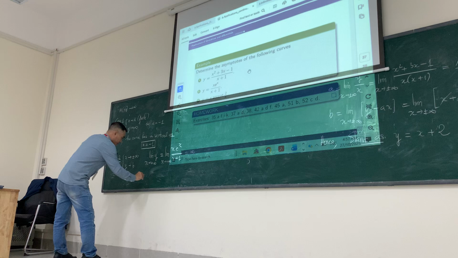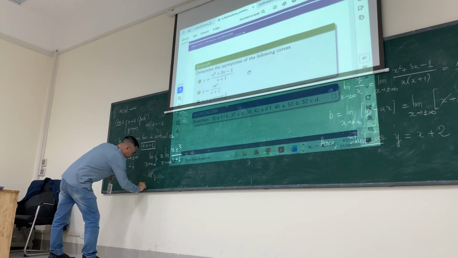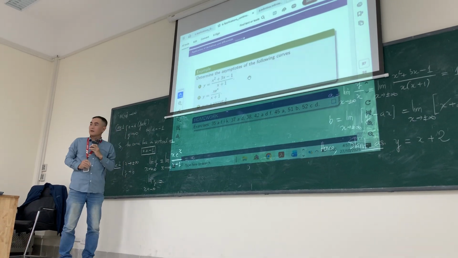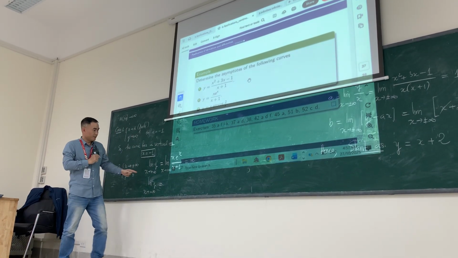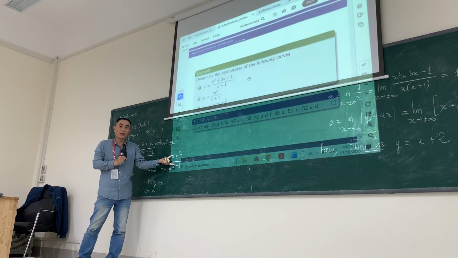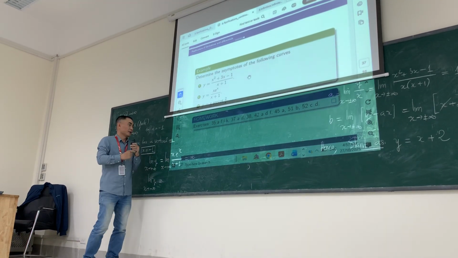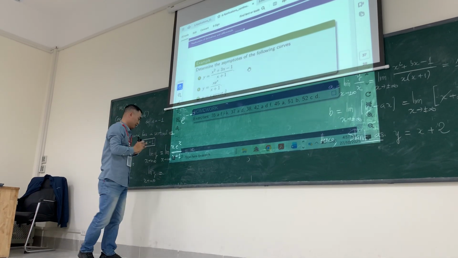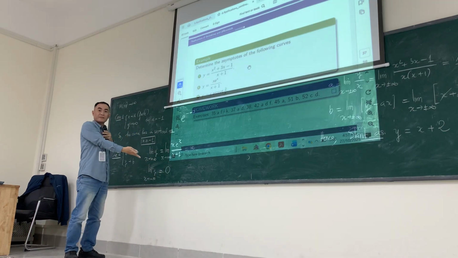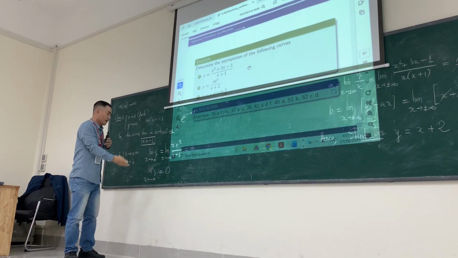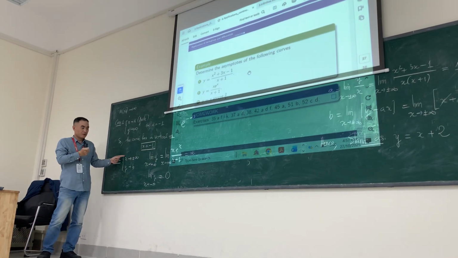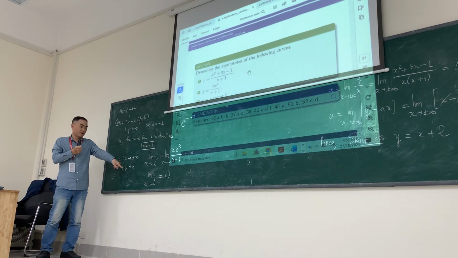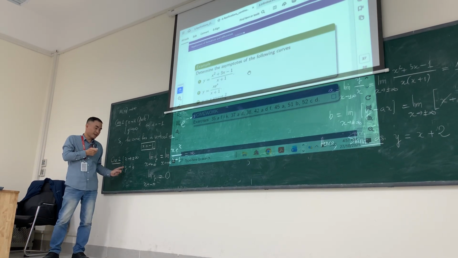Okay? To continue, the limit of y as x tends to negative infinity. What value? Negative x over x plus 1 tends to 1, exponent negative infinity equals 0. So we have the limit equals 0. So curve 2 has only one case: x tends to negative infinity, y tends to 0.